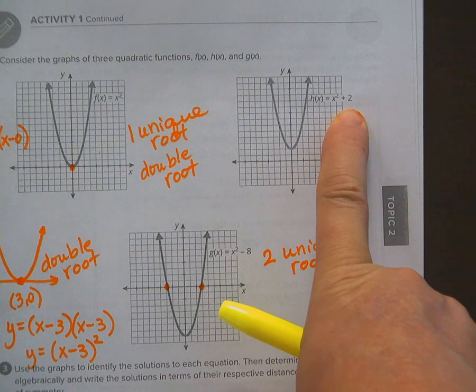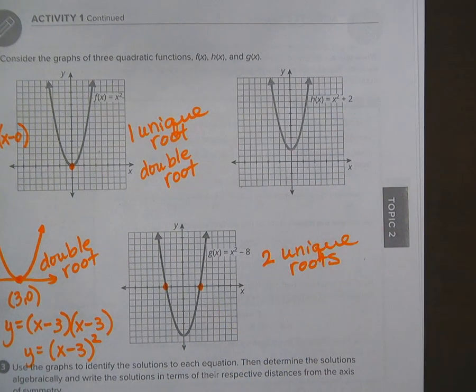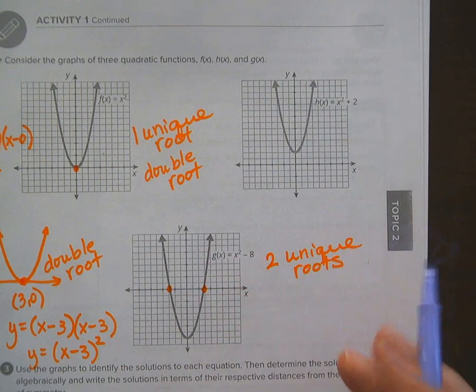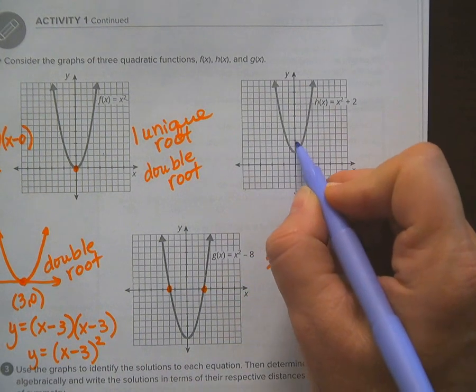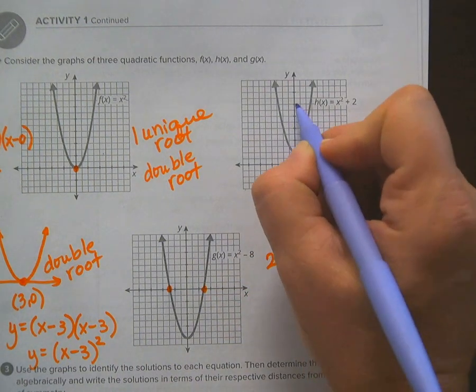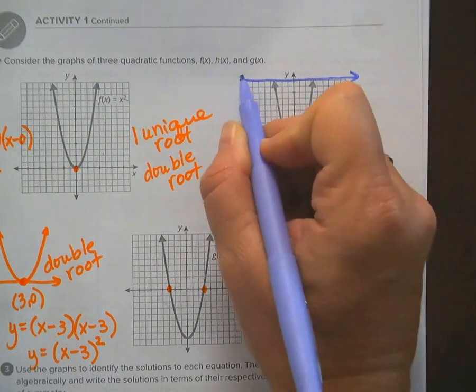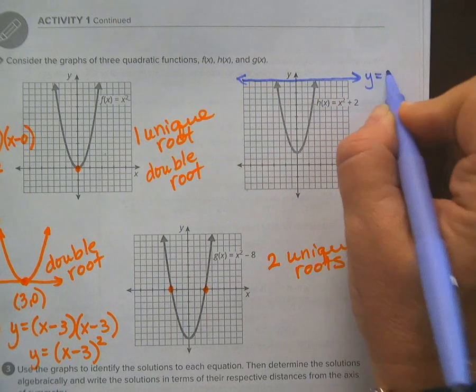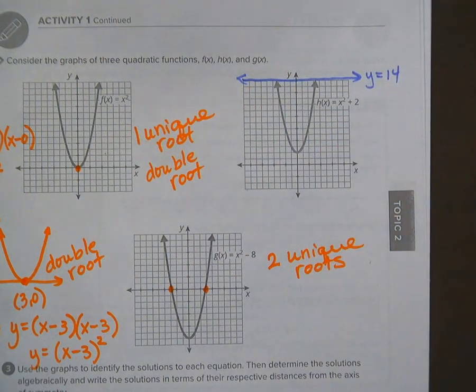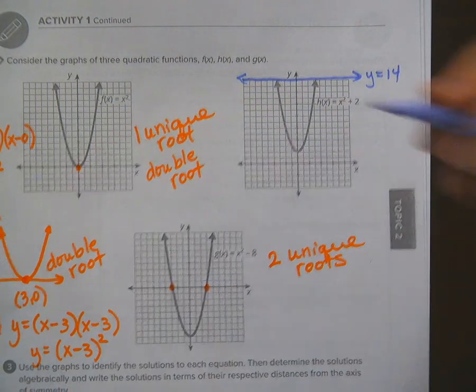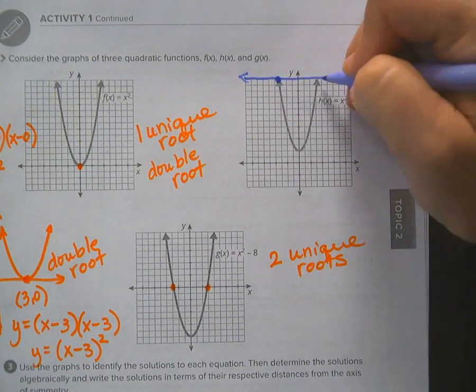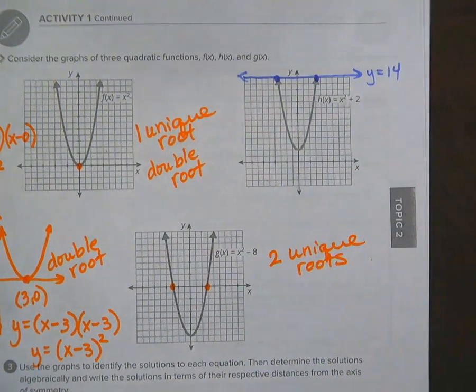We want to know when it equals 14. So what are we going to draw? I think it's all the way up here. There's the line y equals 14. And we are looking for where that quadratic hits that line.